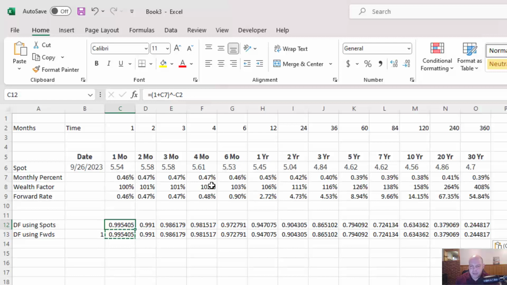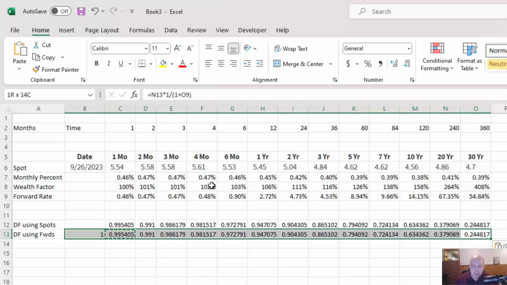It's pretty computationally intensive sometimes, so you don't want to do that. It's a lot easier for a computer to do this. And so many programs and pieces of software will take whatever spot rates you give them, and they will convert them to forward rates and then get their discount curves using those forward rates. It's just better for a computer. It's a lot easier to handle.